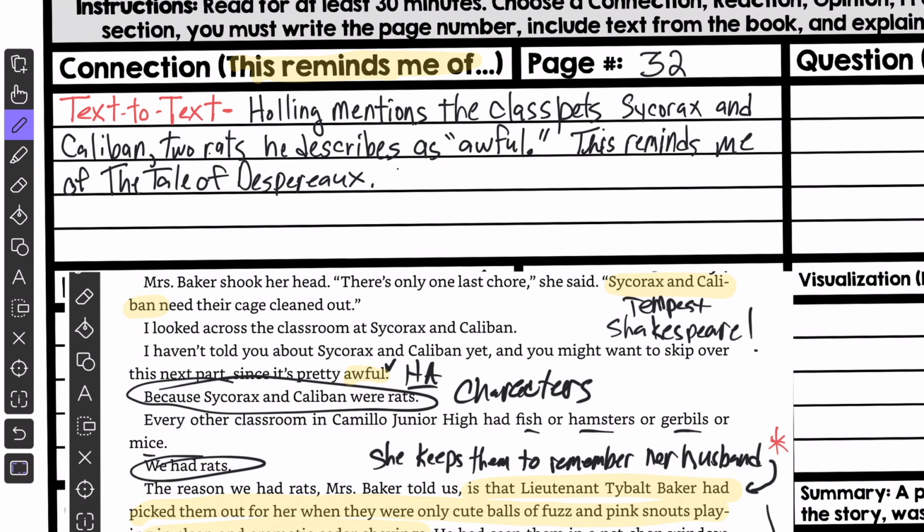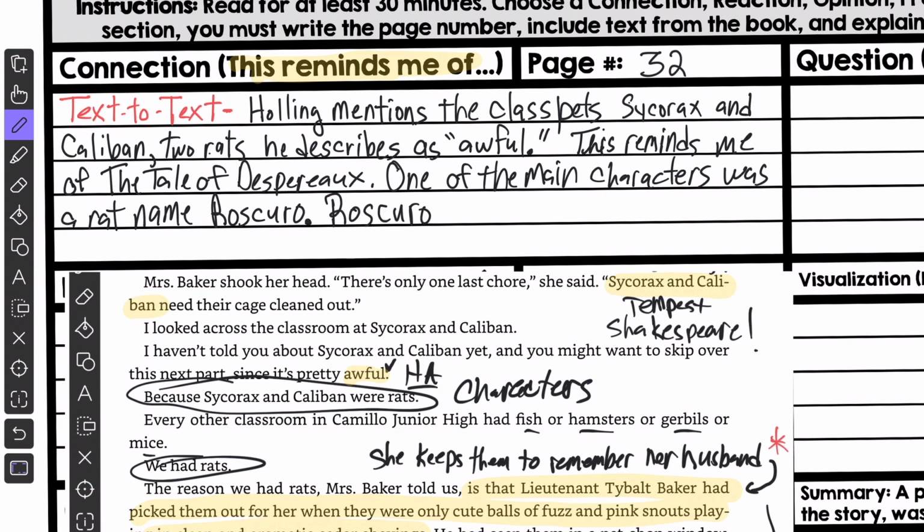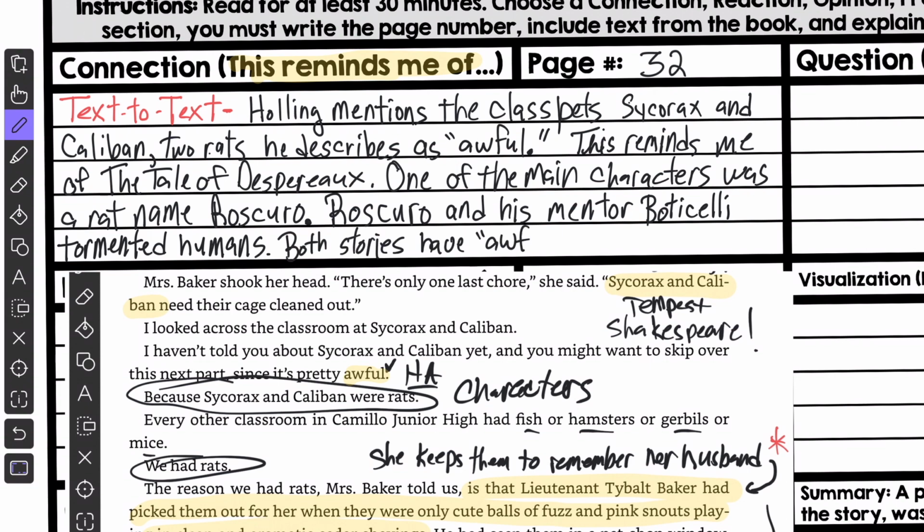The main character, one of the main characters, was a rat named Roscuro. Period. Roscuro and his mentor, Botticelli, tormented humans. Both stories have awful rats. And that's it.